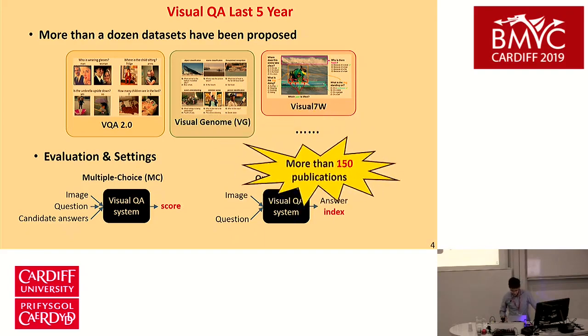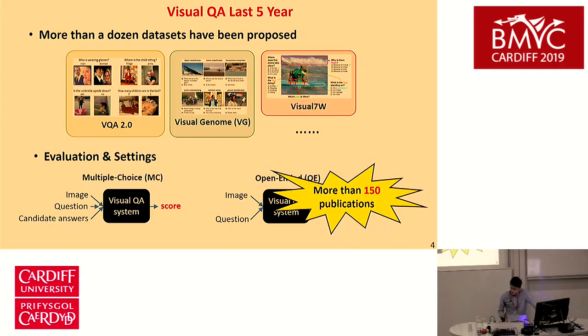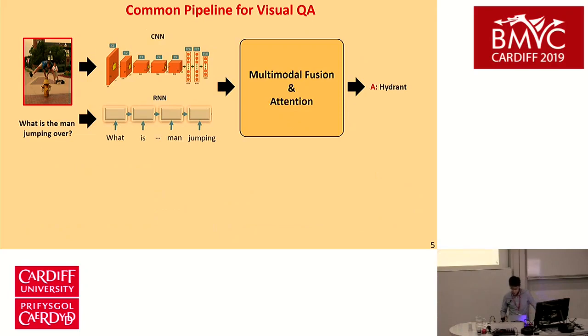There are more than 150 publications, so it seems to be a very exciting problem to solve. However, these VQA models basically use a common pipeline where we encode the image and the text and try to fuse them, which is general to multi-modal input tasks.